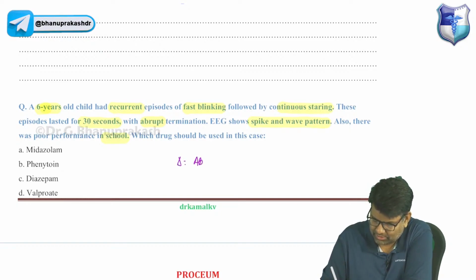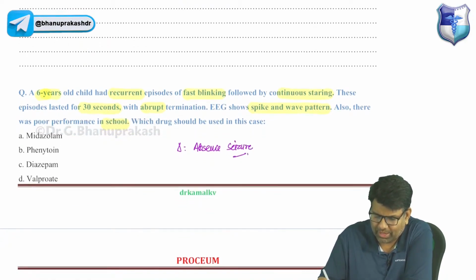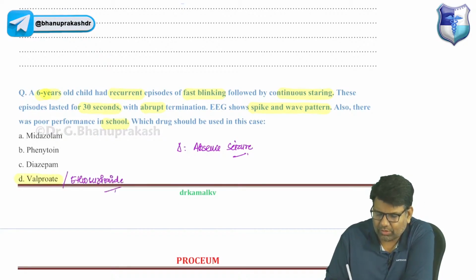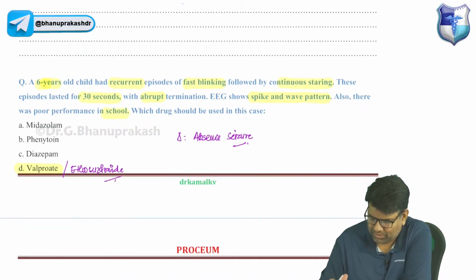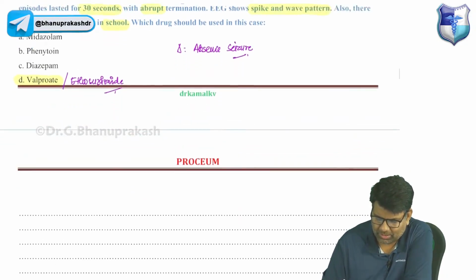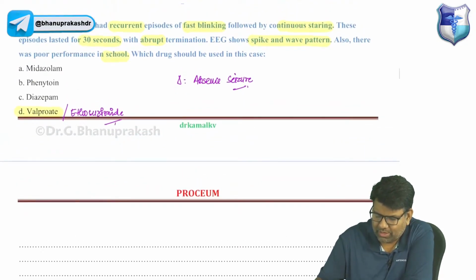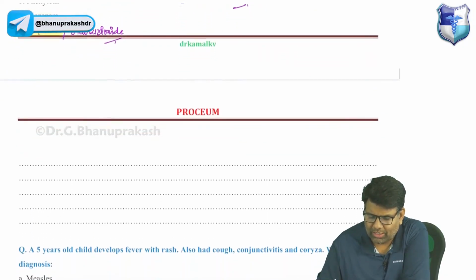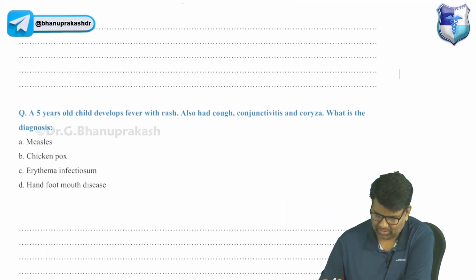This is a classical case of absence seizure. An absence seizure should be treated by sodium valproate or ethosuximide, whatever is in the option. Fast blinking followed by continuous staring, and spike and wave pattern on EEG.